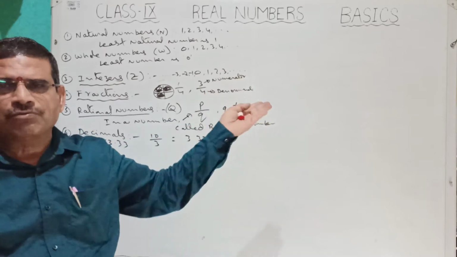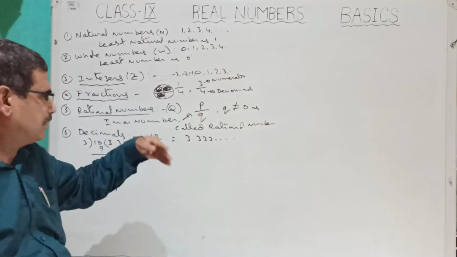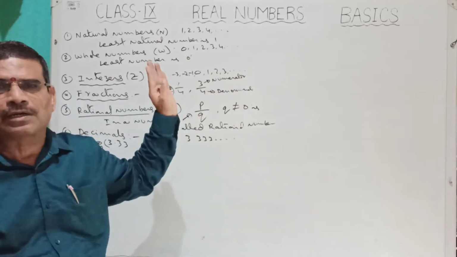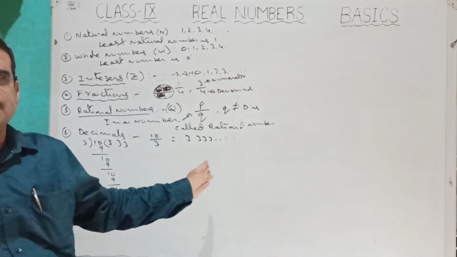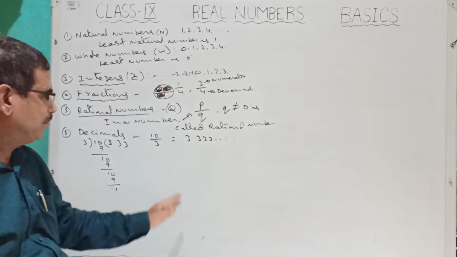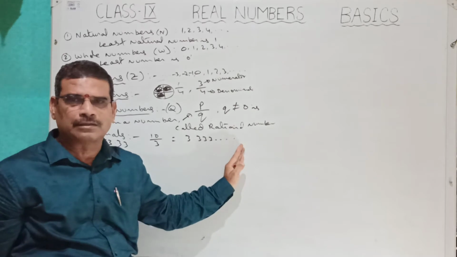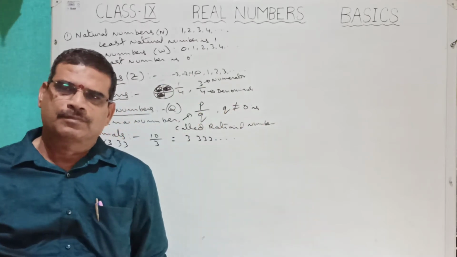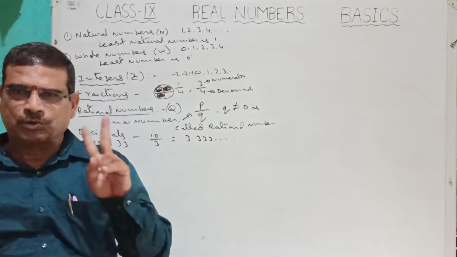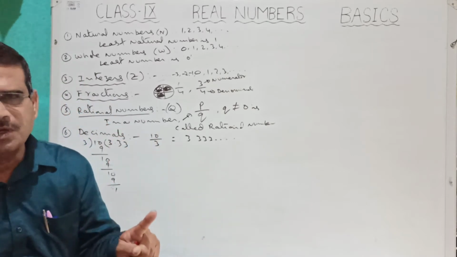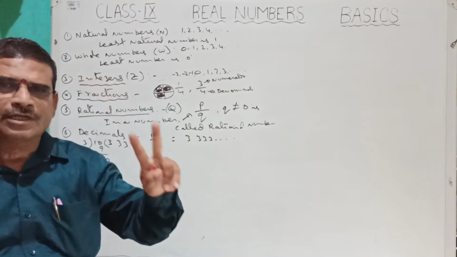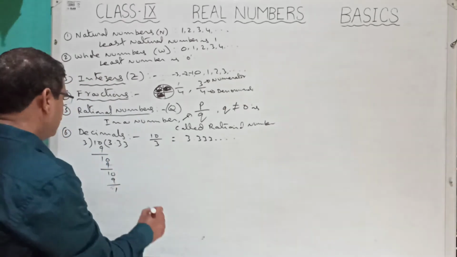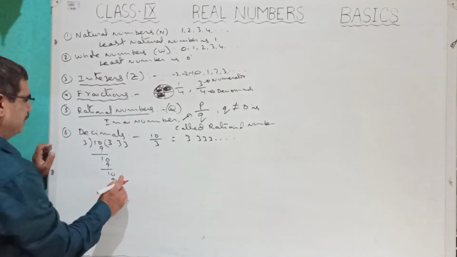Terminating means if we can write the ending digit. But here it is not ending, so this is called a non-terminating decimal. So what is the meaning of non-terminating decimal?